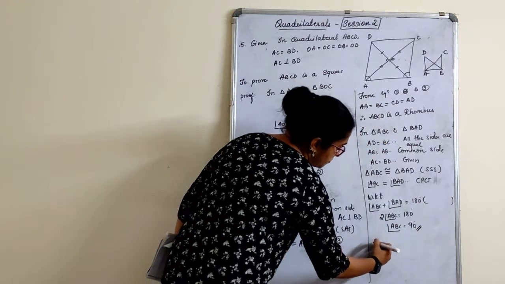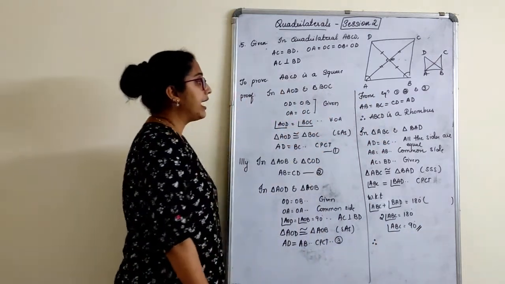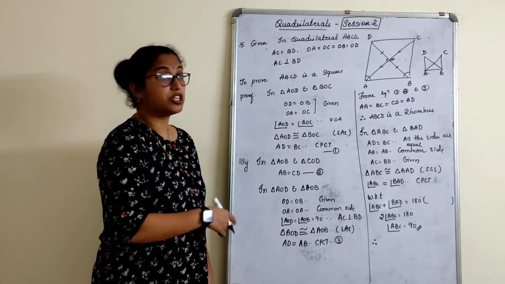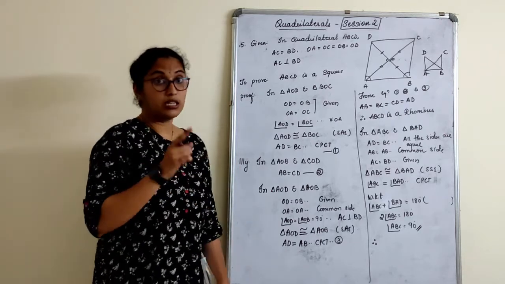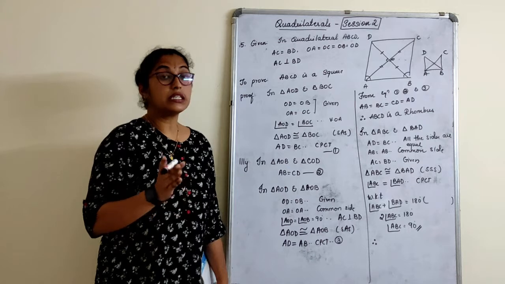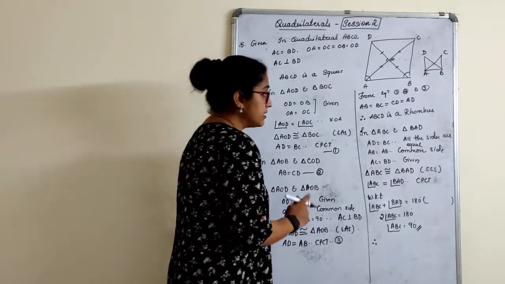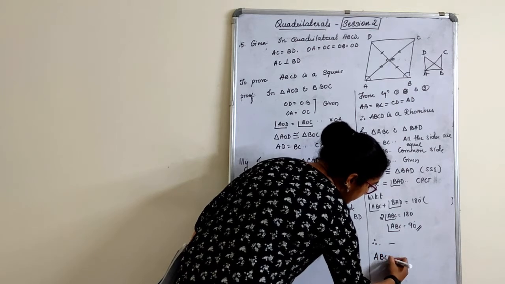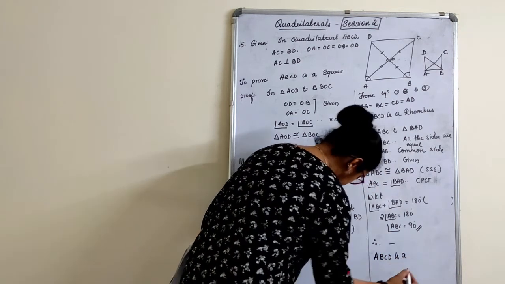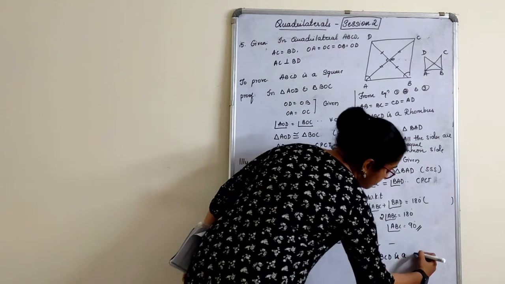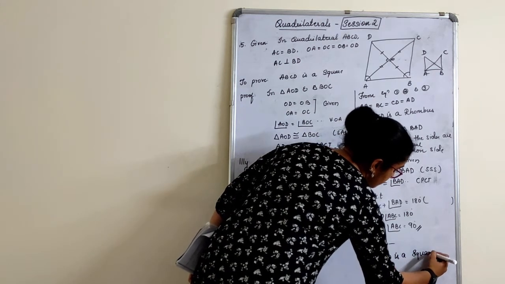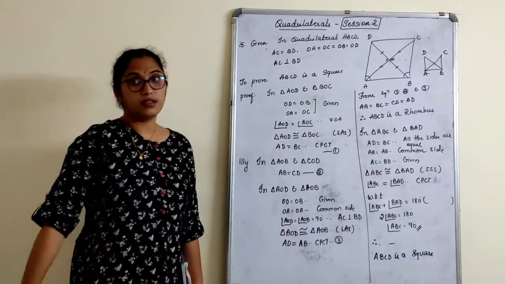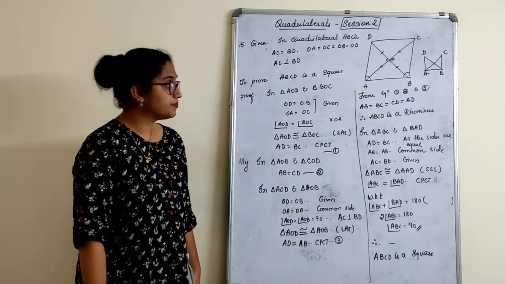Therefore, if one angle of a rhombus, here it's not a quadrilateral anymore, take the conclusion. If one angle of a rhombus is 90 degrees, then it is a square. Write the statement here. Therefore, ABCD is a square. This is how you are supposed to do it.